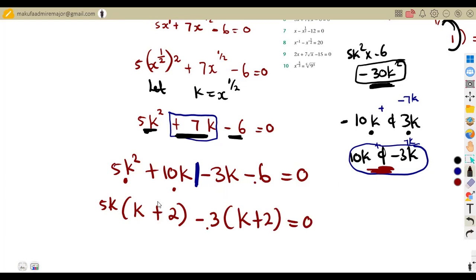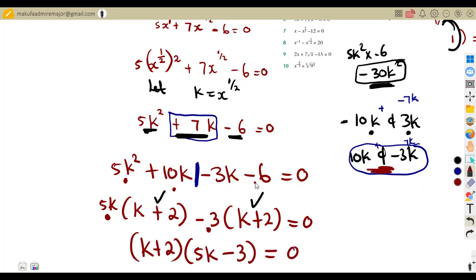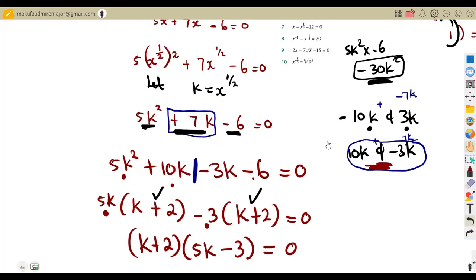So as you can see, guys, the brackets are the same. So we factor out the common bracket, k plus 2, into the bracket of what is remaining. Here we remain with 5k, and here we remain with minus 3, which must be equal to 0. So guys, like I said, these were our grade 10 equations.